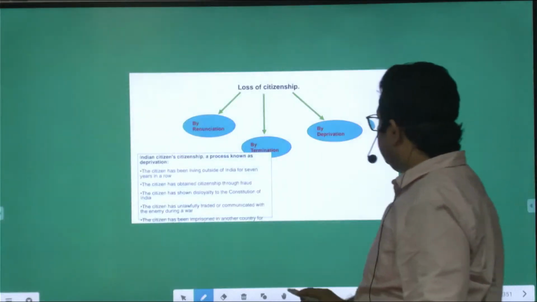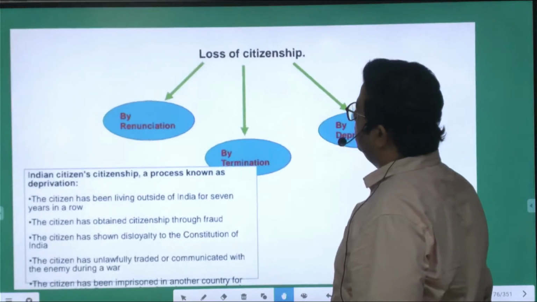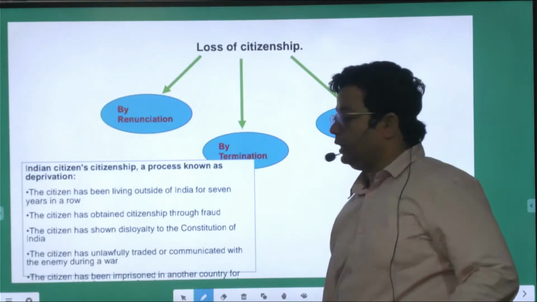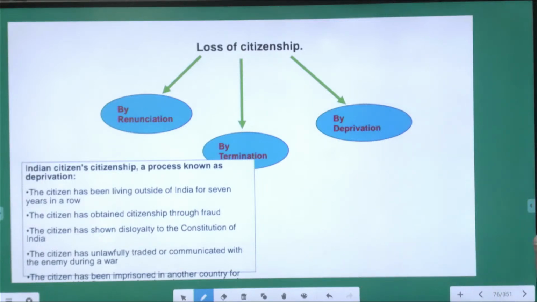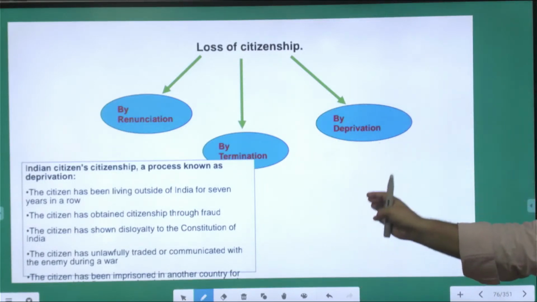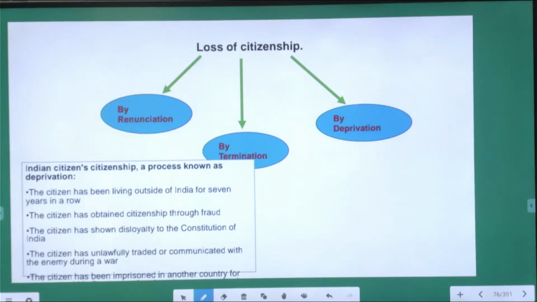Next is loss of citizenship. There are 3 types of how citizenship can be lost. This loss of citizenship is equally applicable to everybody, by any of the means of acquisition, whether acquired citizenship or citizenship at the commencement of the Constitution. Clear?